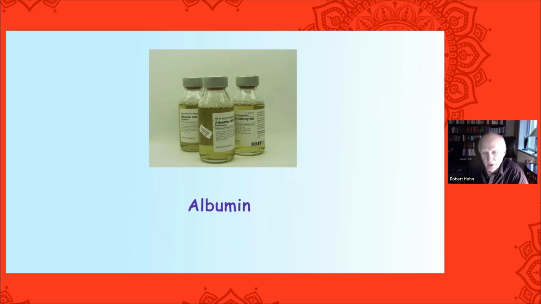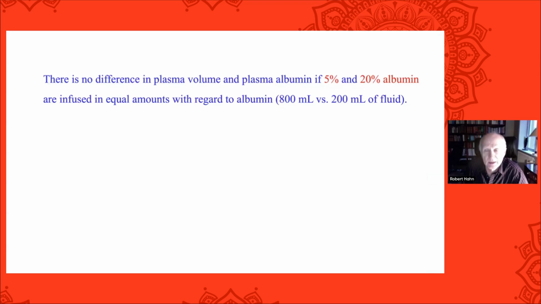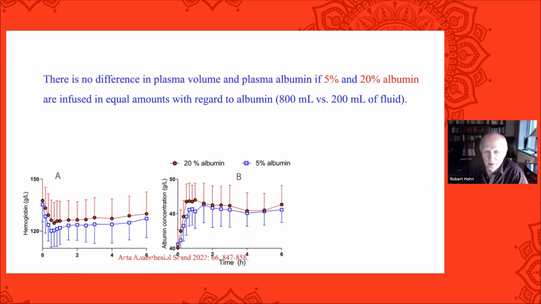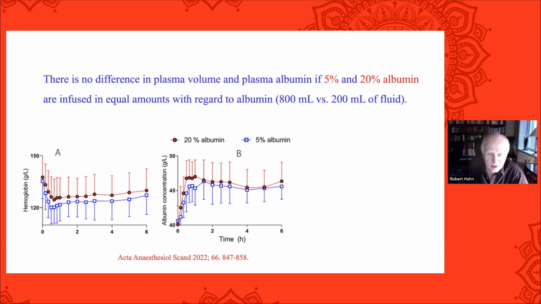Just a very few words about albumin. I would like to end up with this. There's no difference in plasma volume and plasma albumin concentration if we provide albumin in the same amounts with 5% and 20% albumin. There will be no difference, and we can see this if we just measure the hemoglobin concentration in volunteers, which we've done here.